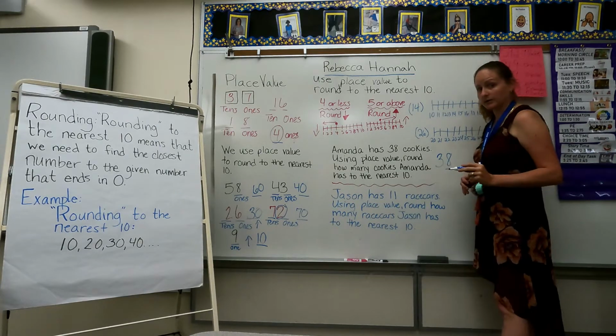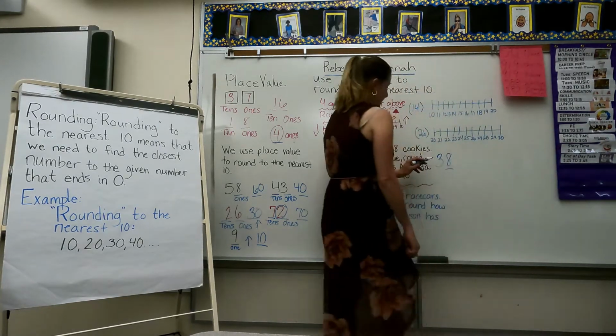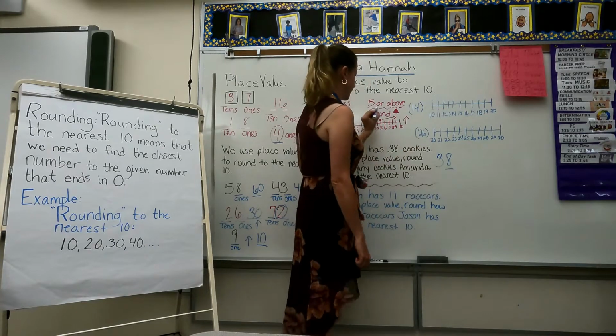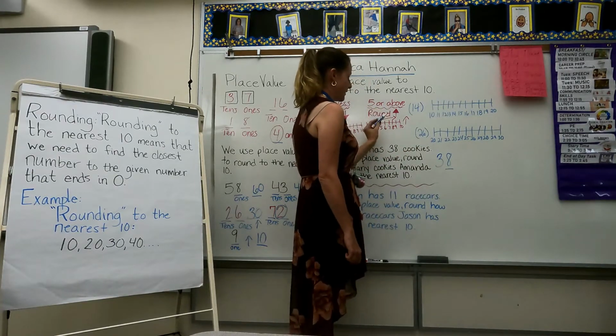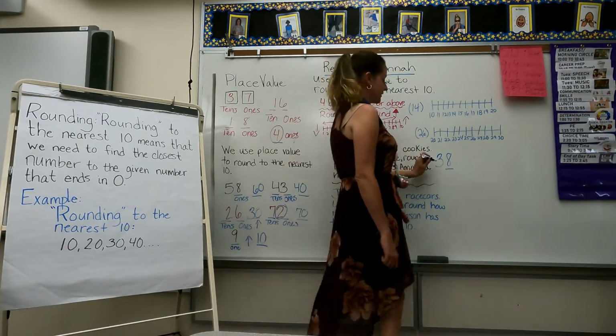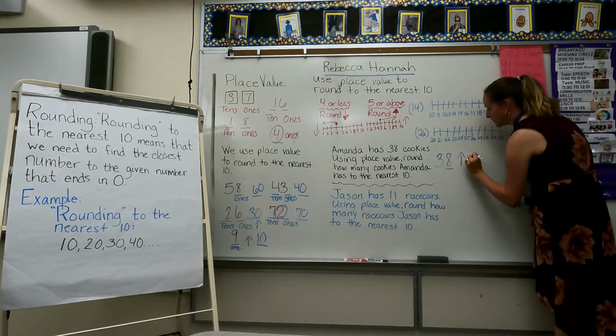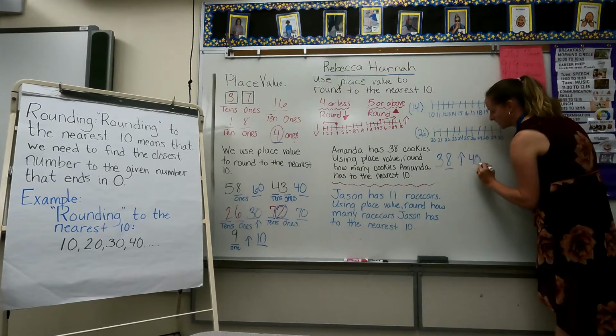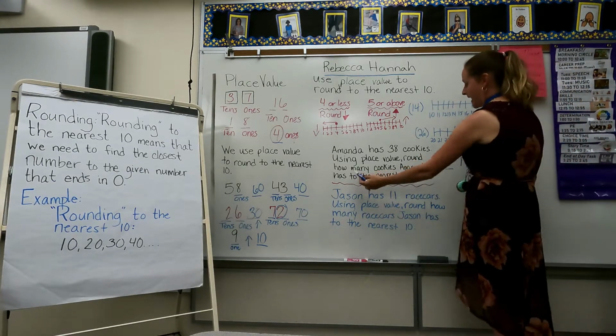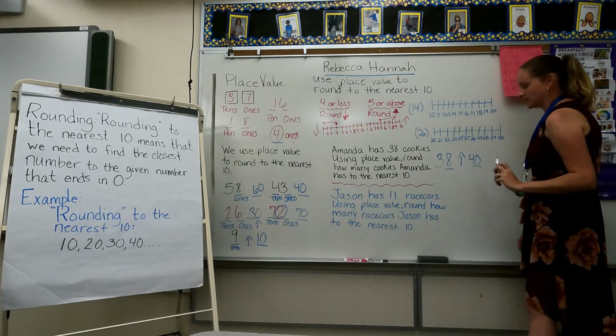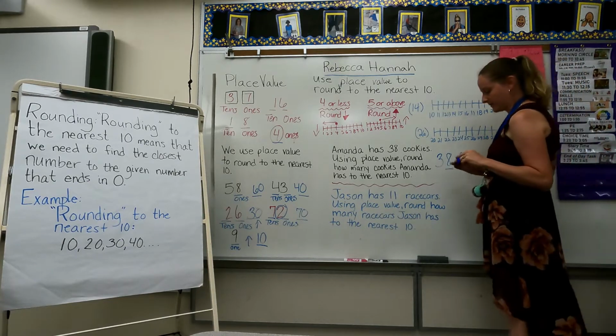I have 8 in the ones place. So because the number in my ones place is 5 or above, we're going to round up. 38 rounded to the nearest 10, if we round up, is 40. Amanda has about 40 cookies when we round to the nearest 10.